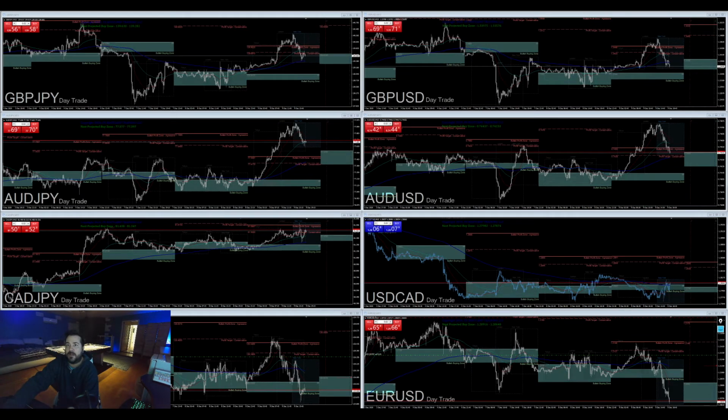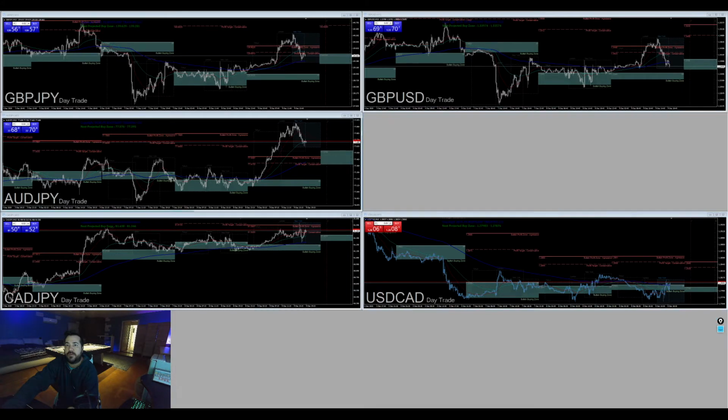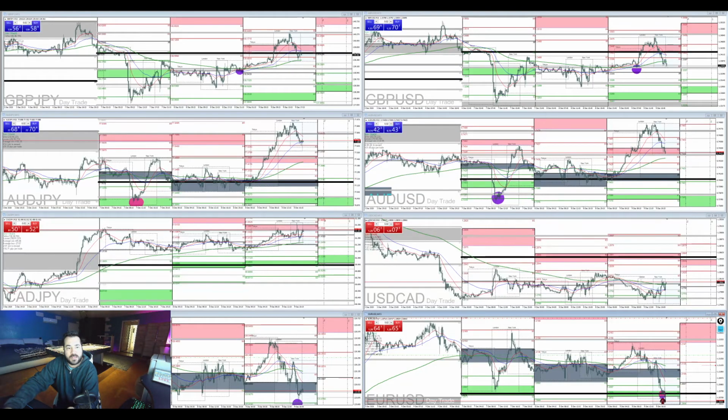A little bit of a quick update here. Looks like we're getting some move lower on the euro, and that's taken out my central pivot. So go ahead and remove this trade setup here.